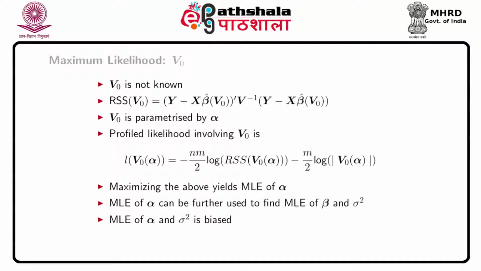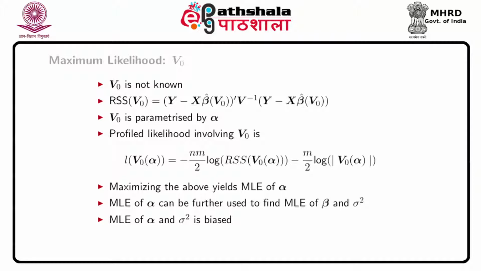Now to make sigma hat square unbiased, what one does is simply adjust the error degrees of freedom and get the unbiased estimator, which is RSS by n minus 1. So we start with a biased variance estimator, RSS by n, and then we adjust it to get an unbiased estimator, RSS by n minus 1.